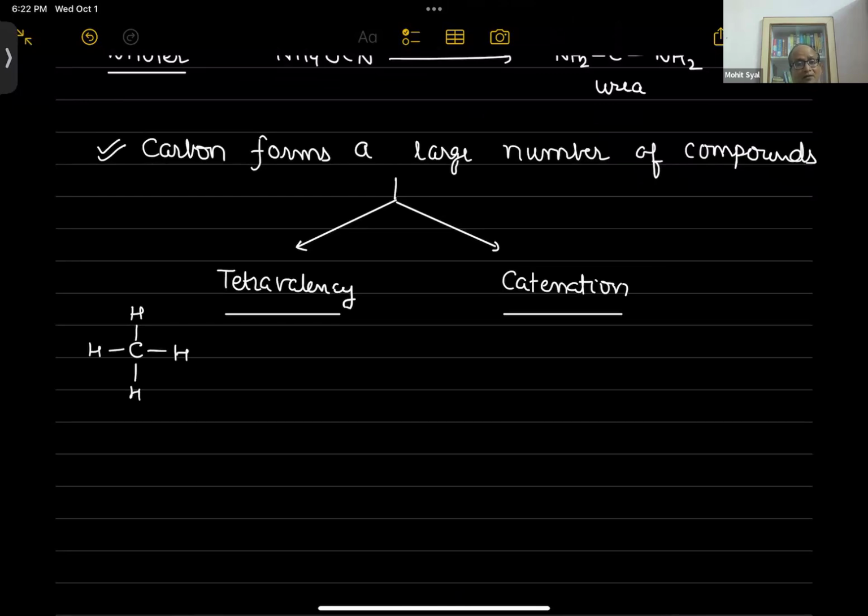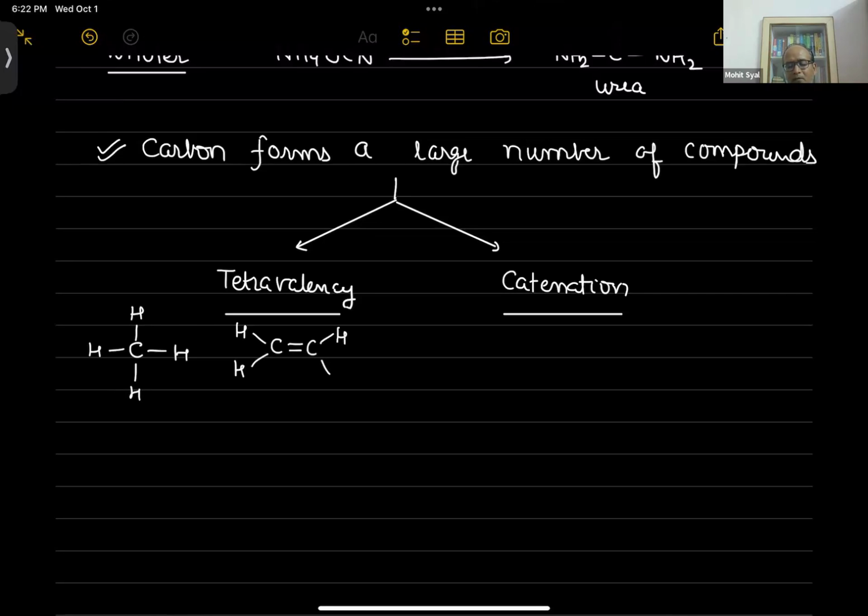This is a very small thing, but a very important check to know whether you have made a structure correct or incorrect. Always remember that carbon makes four bonds, right? There can be a double bond.